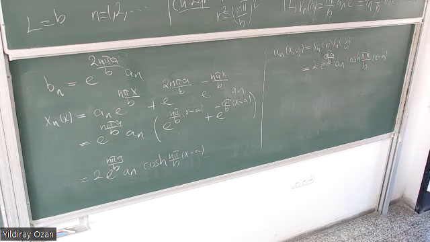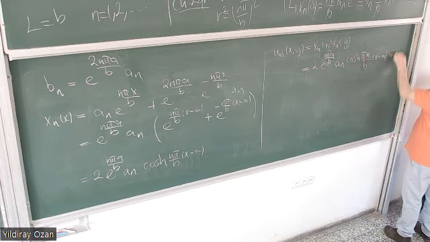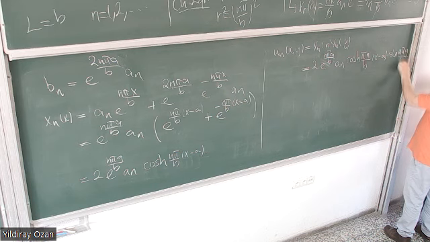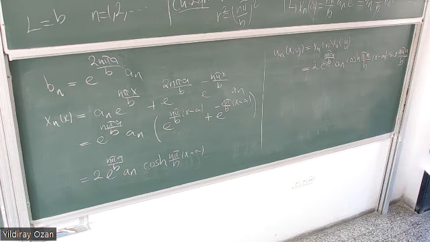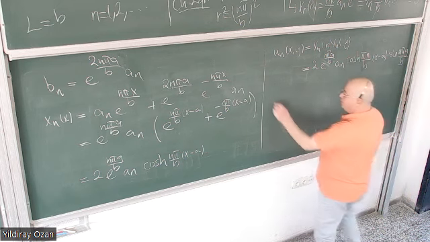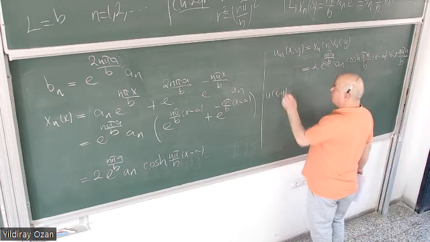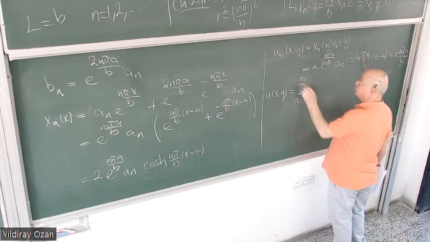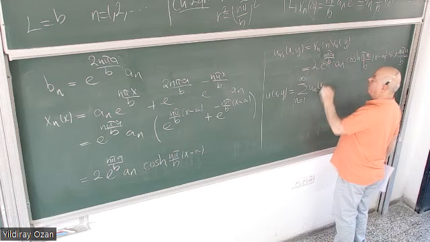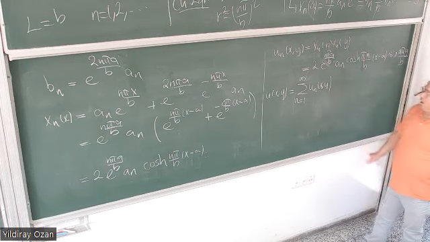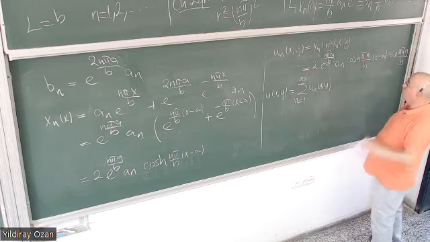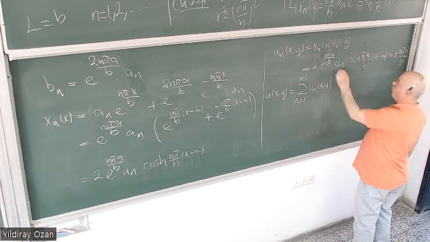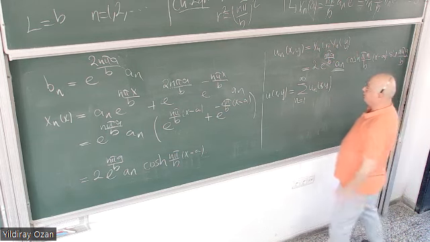Burada da sine n pi y over b. Okay. So uxy is just some of these. Of course, it has these coefficients to be determined in it.